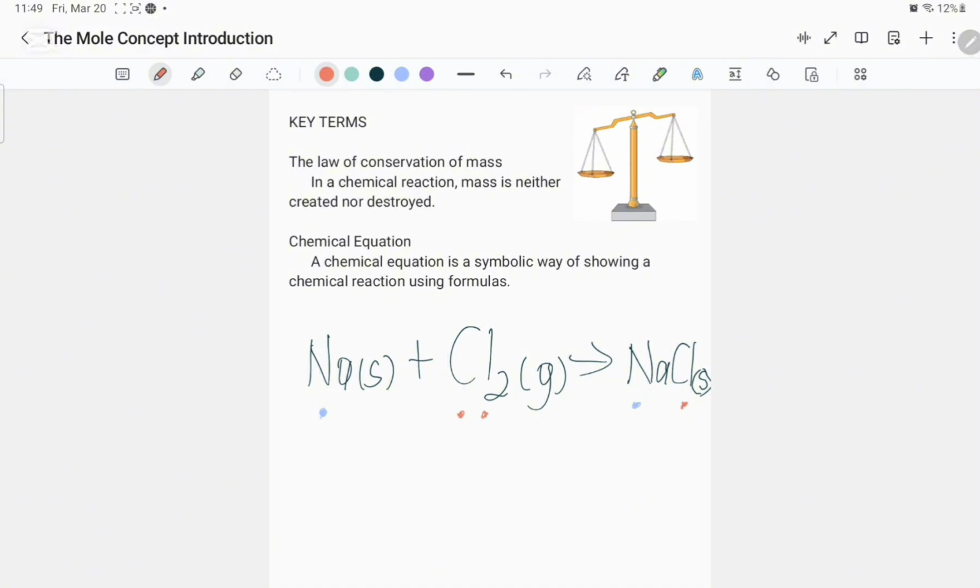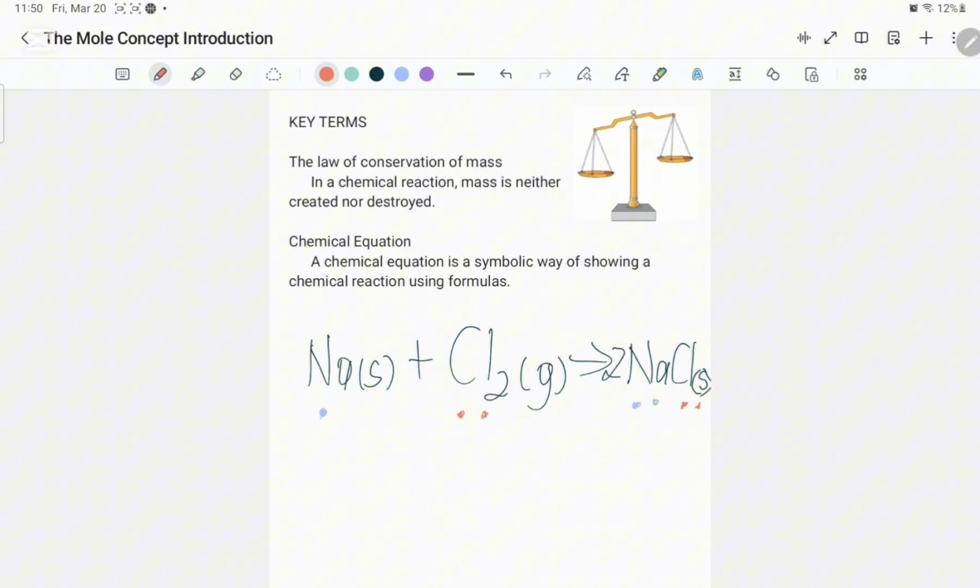Again, we add coefficients in front of the compound to make it balanced. If we add a 2 in front of the NaCl, it will now become 2 sodium and also 2 chlorine. So now we balanced the chlorine, but now we made the sodium imbalanced.